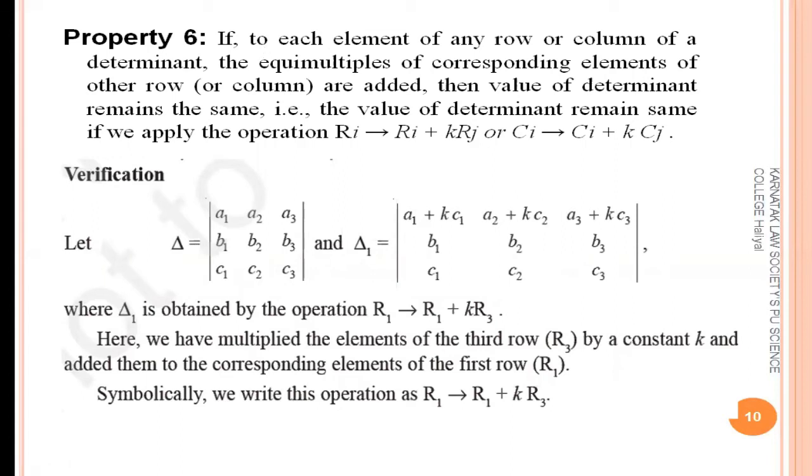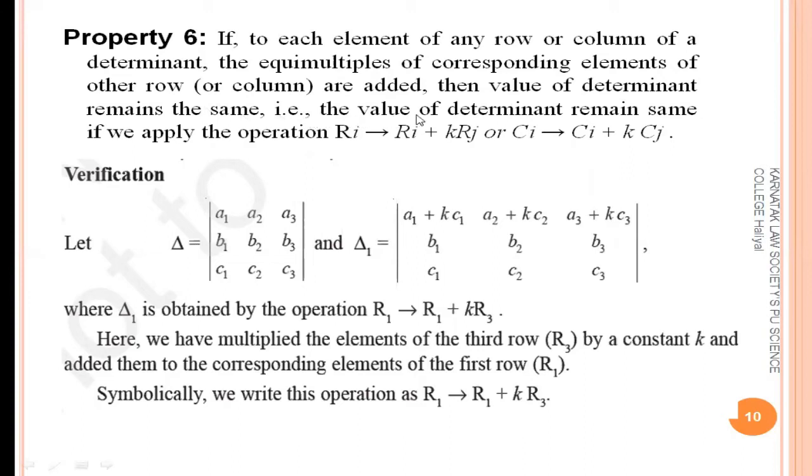If to each element of any row or column of a determinant, the equimultiples of corresponding elements of other rows or columns are added, then the value of the determinant remains the same.